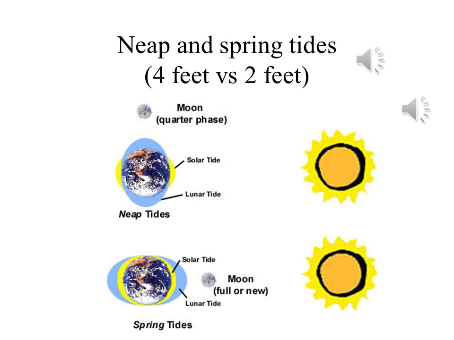In this particular picture, let's first of all concentrate on the moon and Earth and forget about the sun for a second. The part of the ocean that's closest to the moon, be it in quarter phase or in a full or new moon, is being pulled on by the moon the most.